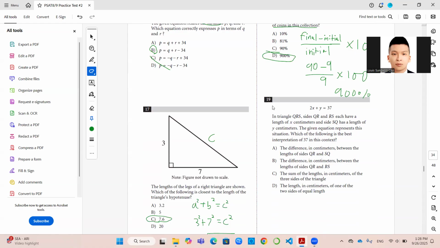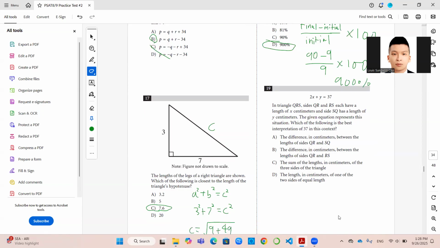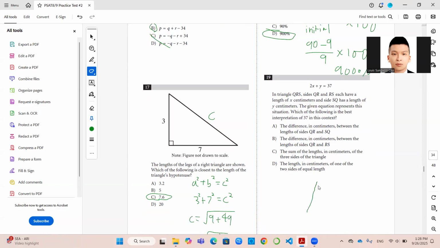In triangle QRS, sides QR and RS each have a length of x centimeters, and side SQ has a length of y centimeters. The given equation represents this situation. Which of the following is the best interpretation of 2x plus y? So let's draw this out.